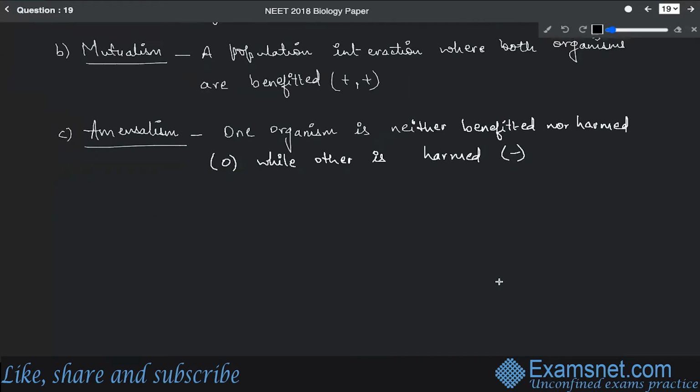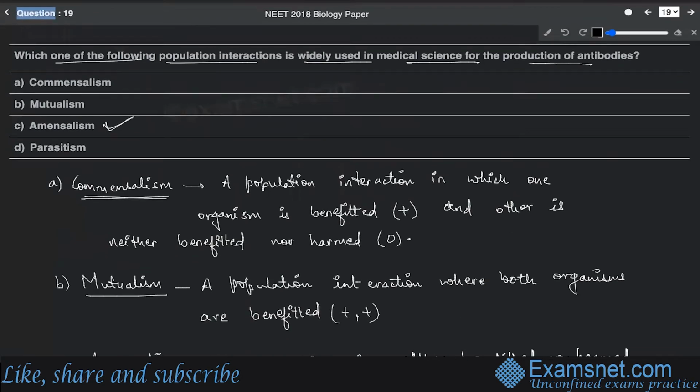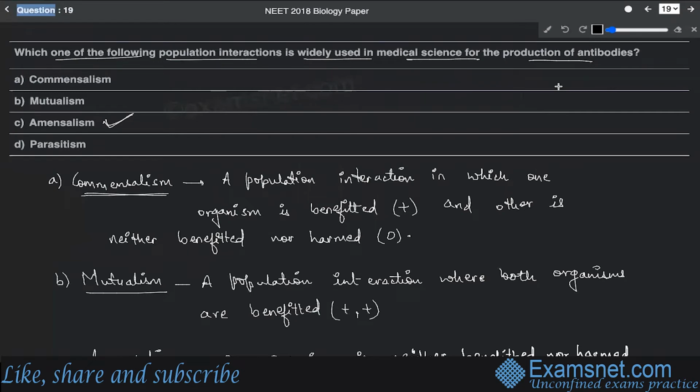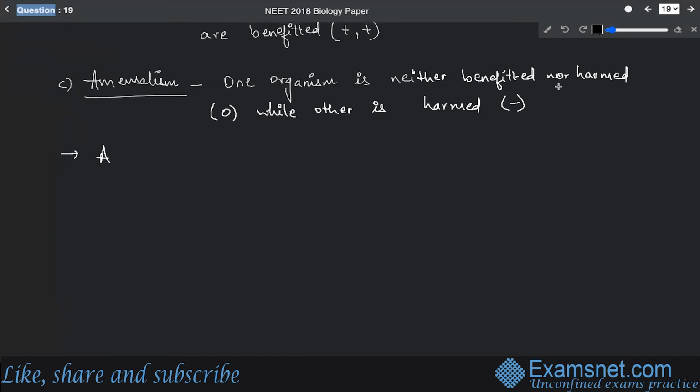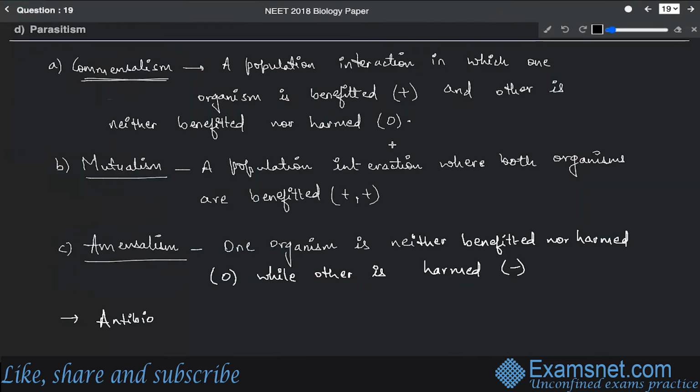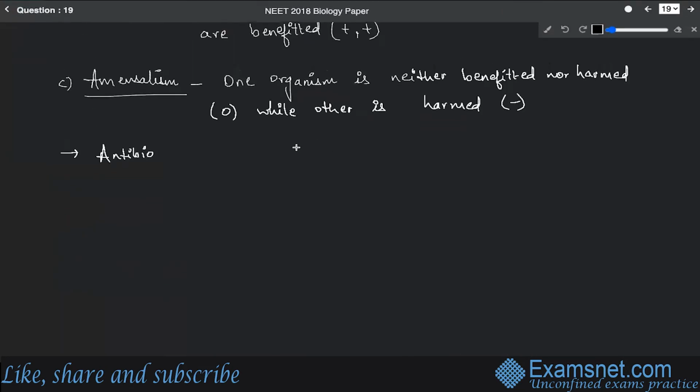This is the case with antibiotics. Since the question asks which population interaction is widely used in medical science for the production of antibiotics, definitely this is being applied. Antibodies or antibiotics, you can say, rely on this principle.